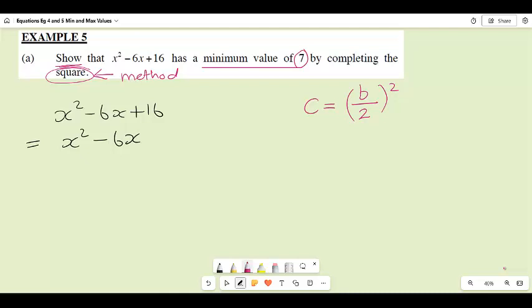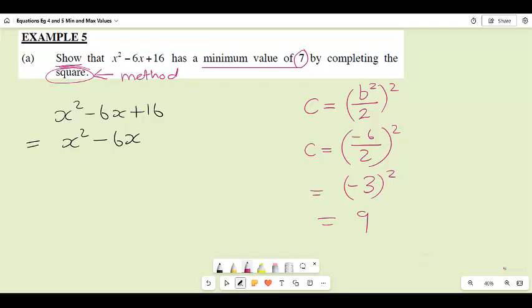So half of b, squared. This means that c is going to be equal to negative 6 over 2, and we square that. So that is equal to negative 3, and we square that, which is equal to 9.